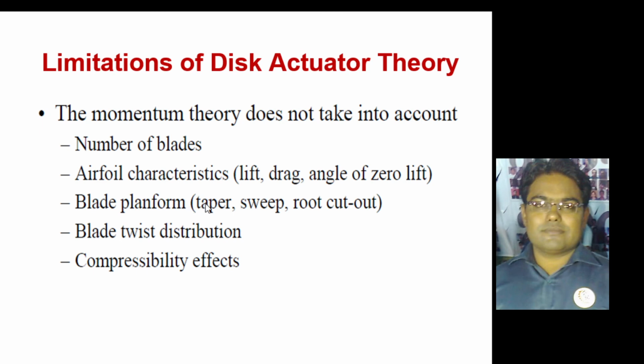We have not taken into consideration in this actuator theory what the taper of the blade is, what the sweep or root cutout is, etc. Blade twist distribution we have also not taken into consideration. Compressibility effects we have also neglected. These are certain limitations of disk actuator theory.